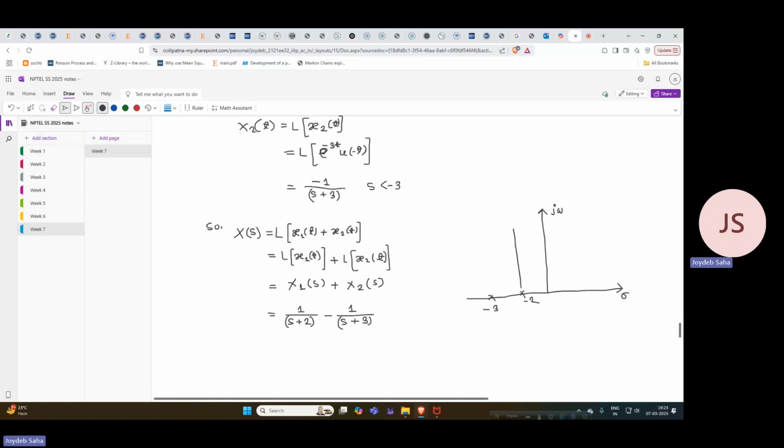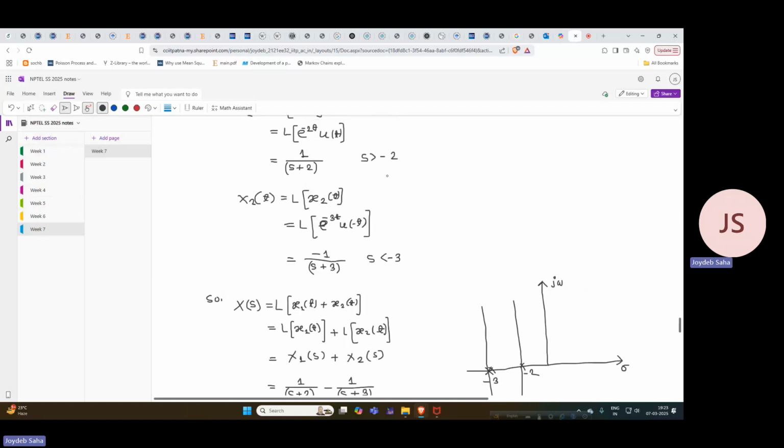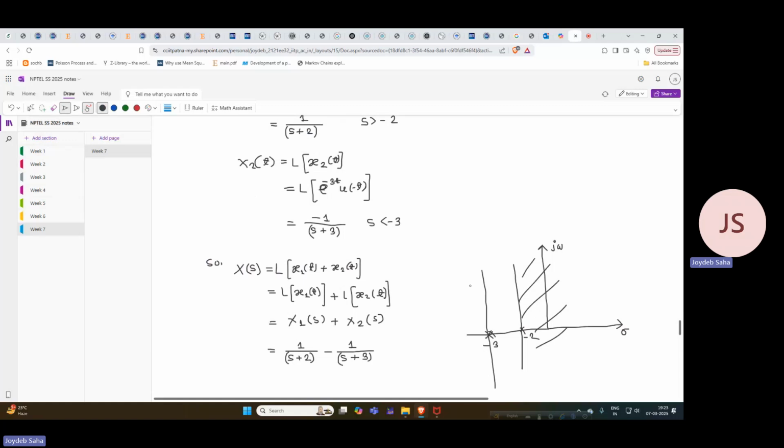If we look at the regions of convergence, one was greater than minus 2, and the other is less than minus 3.